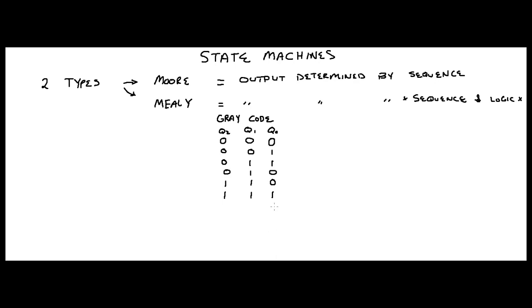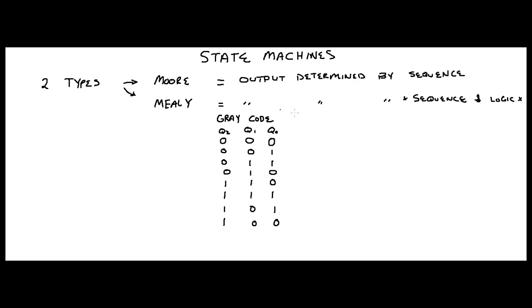Here we're going to change Q1. And we're going to change Q0 again. Now there you go. There are 8 unique states here.